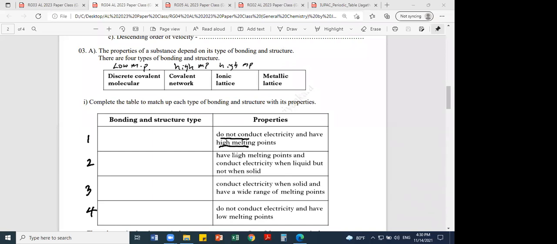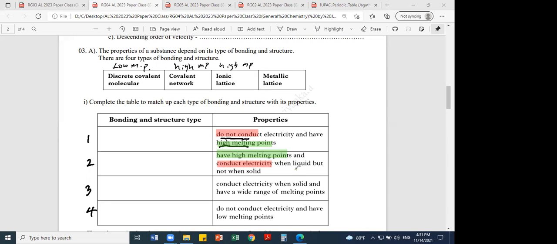Conduct electricity. Both 1 and 2 conduct electricity. This one does not conduct electricity. Otherwise, both have high melting point in common. Then you can filter that. Metallic conducts electricity, right?